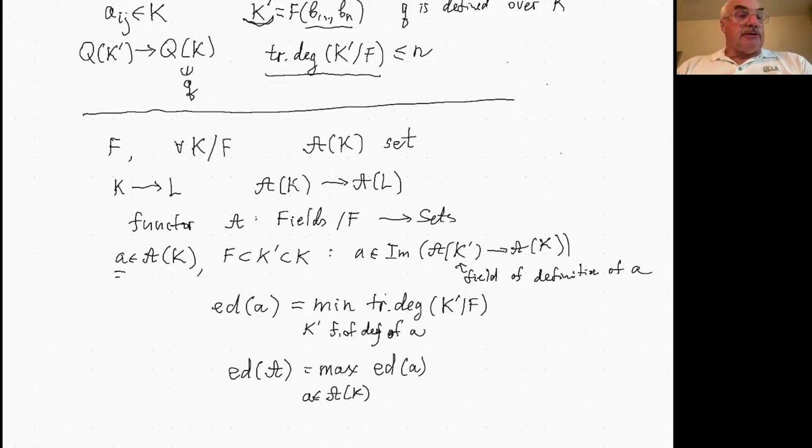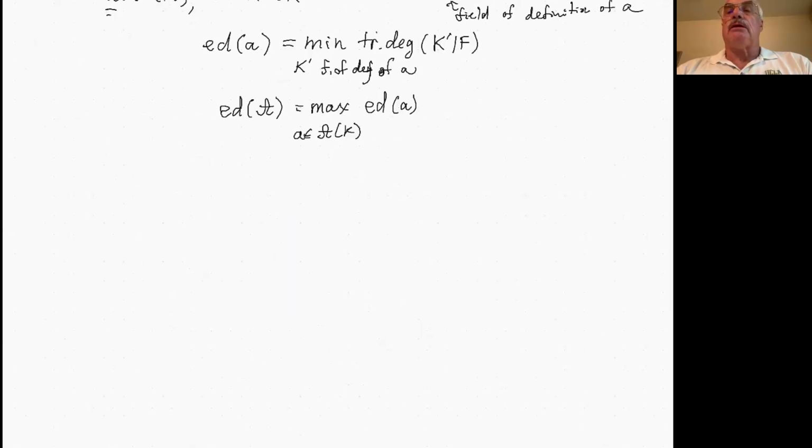And I would like to give a couple of examples. First, an algebraic variety.